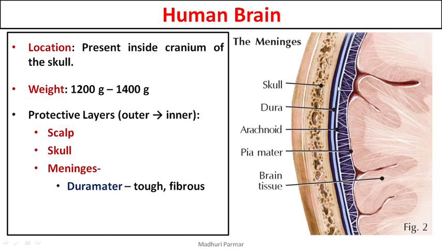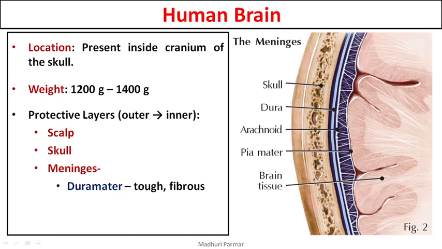Here this outermost layer that you are able to see in white, or this light blue color, is your Dura Mater. Dura Mater is a very tough and fibrous kind of layer. Clear? It is made up of connective tissue only, but it is tough and fibrous.